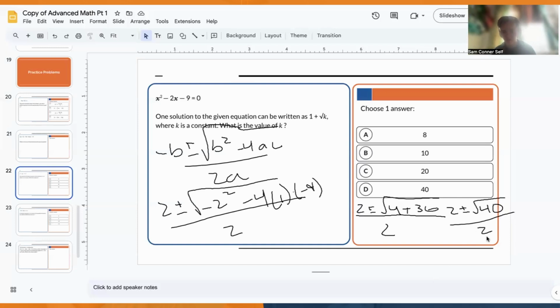So remember, this is going to be 2, this is going to be 1, oh, okay.